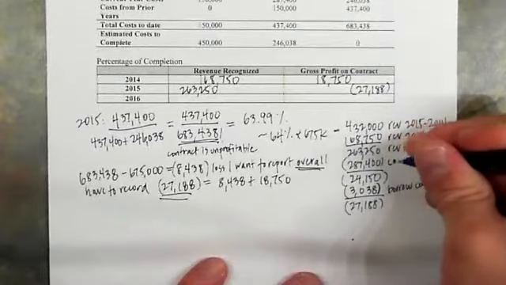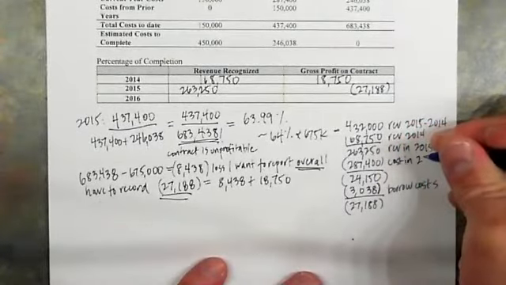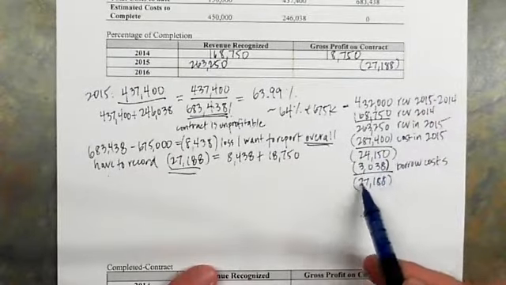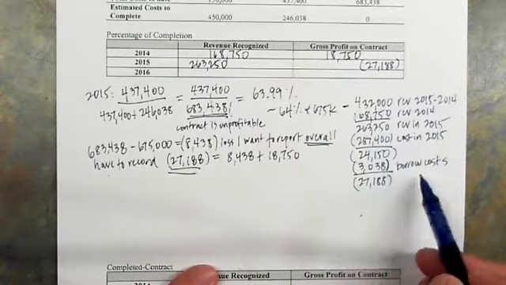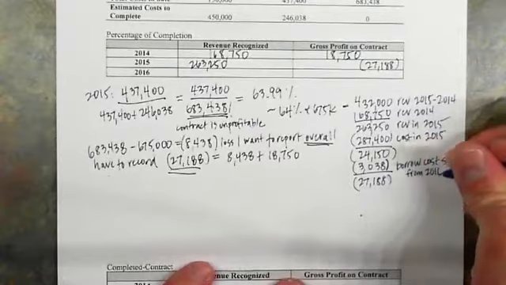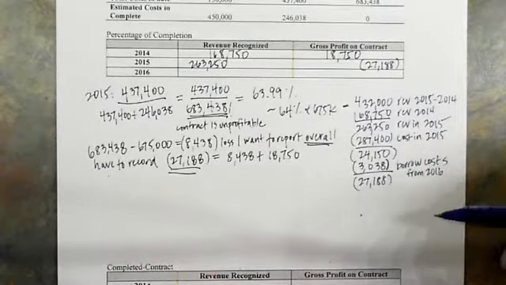So this is the cost in 2015. This would have been my gross profit, except that I want to report this gross profit. So I have to borrow costs from 2016. I'm accelerating a cost into the current period.